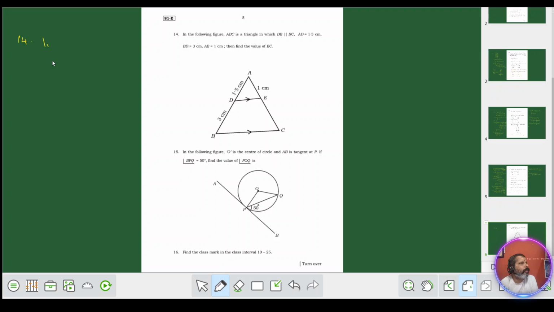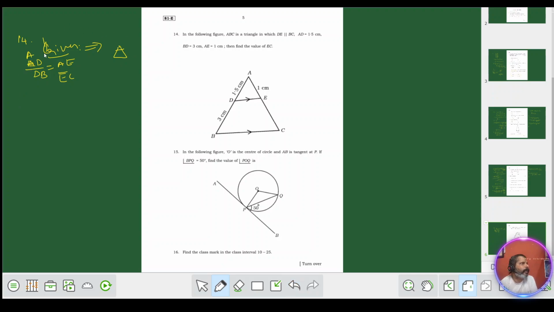So what we write is AD by DB equal to AE by EC. Write everything and draw the figure also. EC is asked. Let's substitute the values then find the EC.